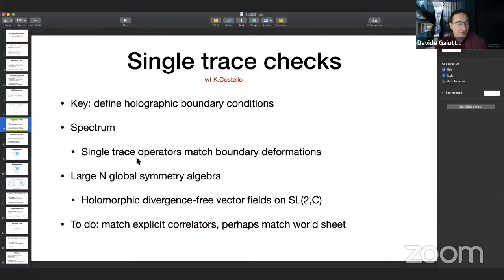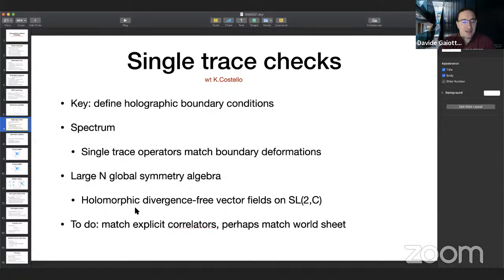And also we verified that at leading order in N, both sides of the duality have a very large symmetry algebra in the large N limit, and we matched it. And this is enough to show that things like the leading N contribution to the 3-point functions match on the two sides.